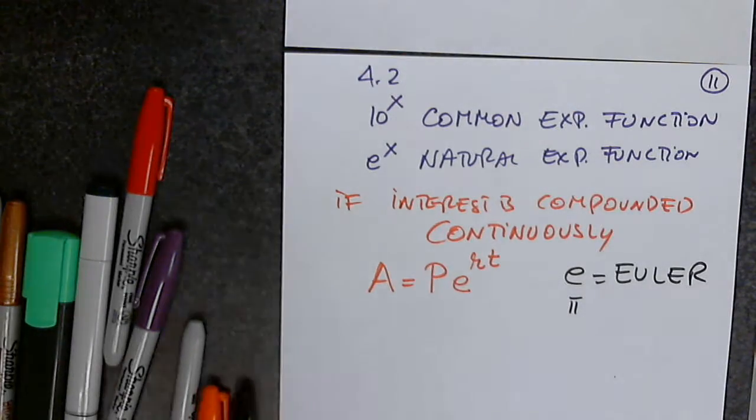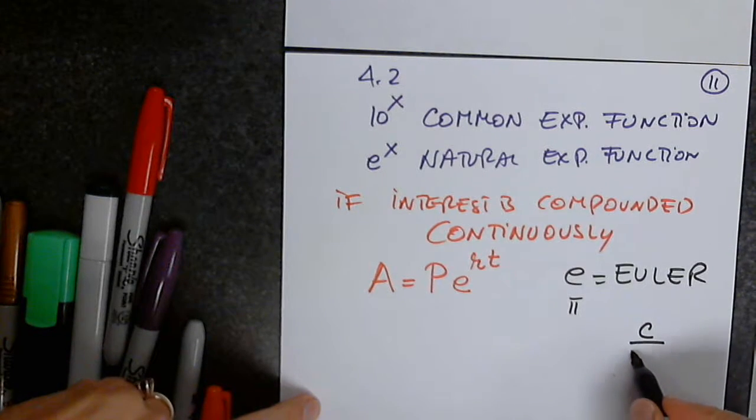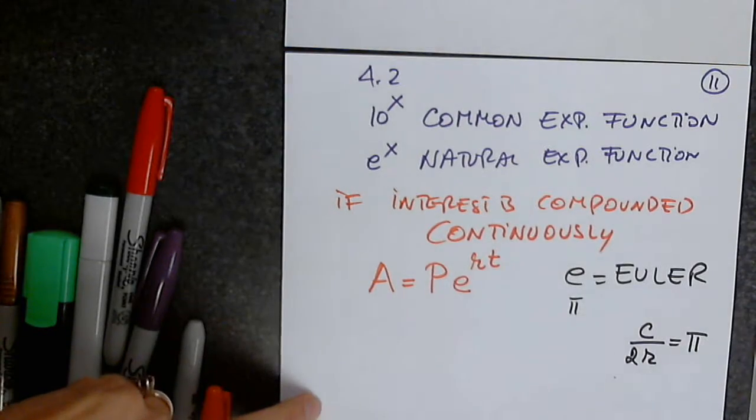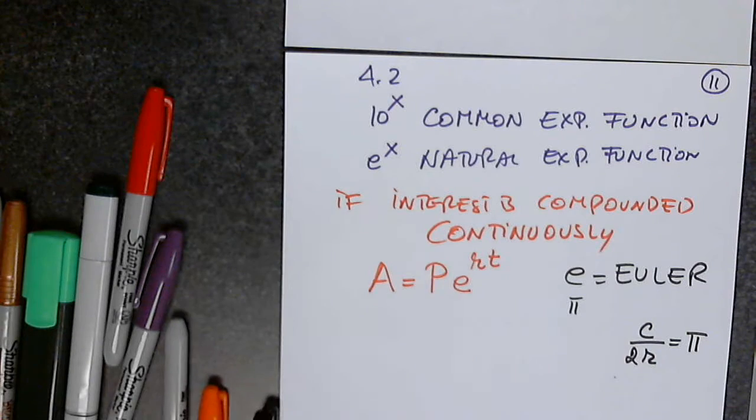The ratio, for any circle, the circumference divided by 2 times the radius, came out the same number all the time, for any small or big circle. For this circle, the ratio between the circumference and the diameter is pi. So that's why they gave it the name pi.